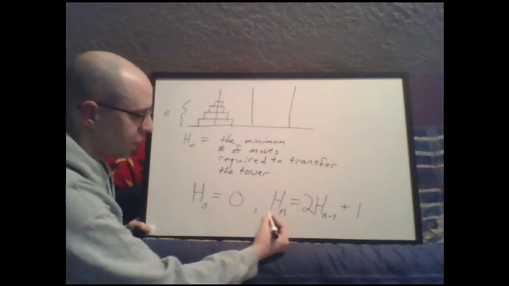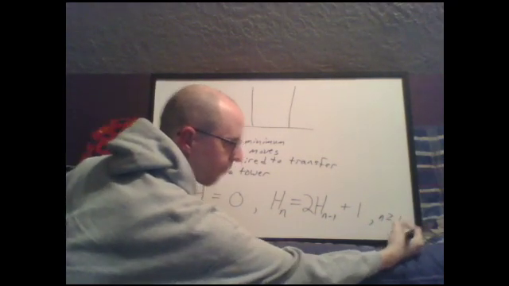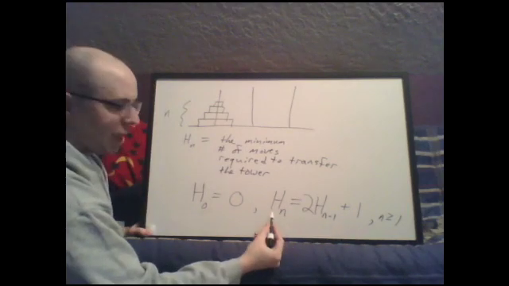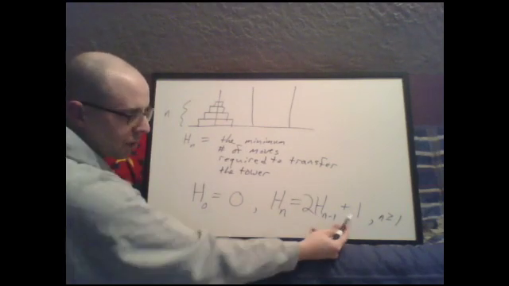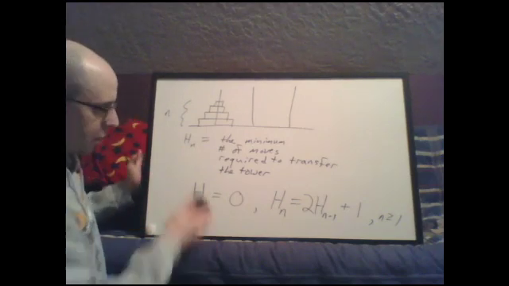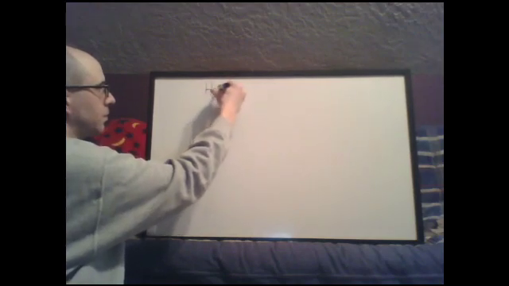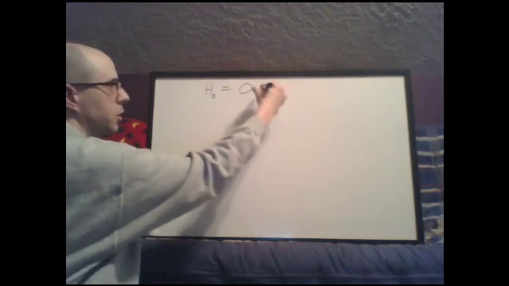Okay, so for n bigger than or equal to 1, we have this relation: Hn is 2 Hn-1 plus 1. All right, so I'll rewrite that. And so the recurrence that we had was this.